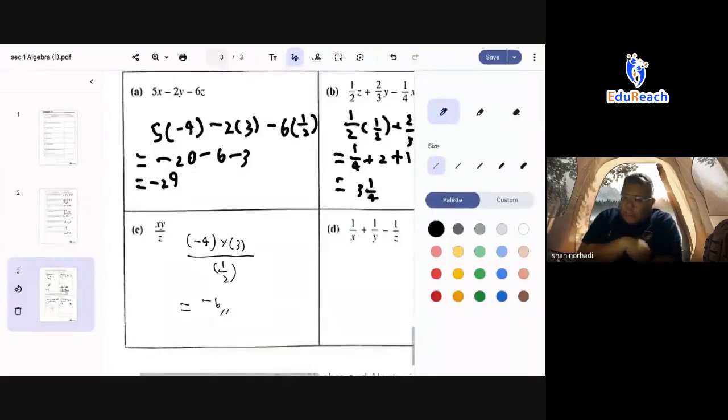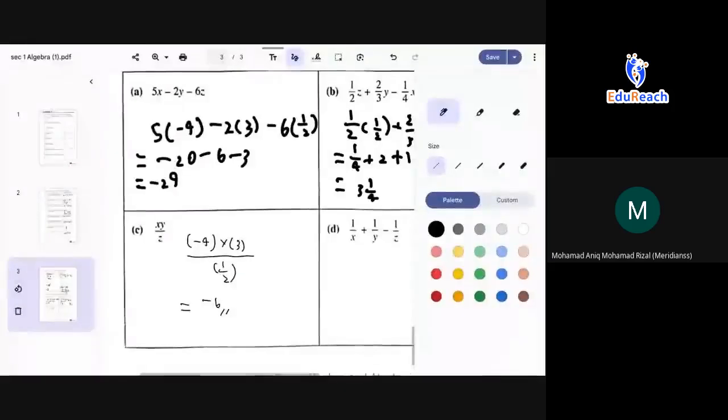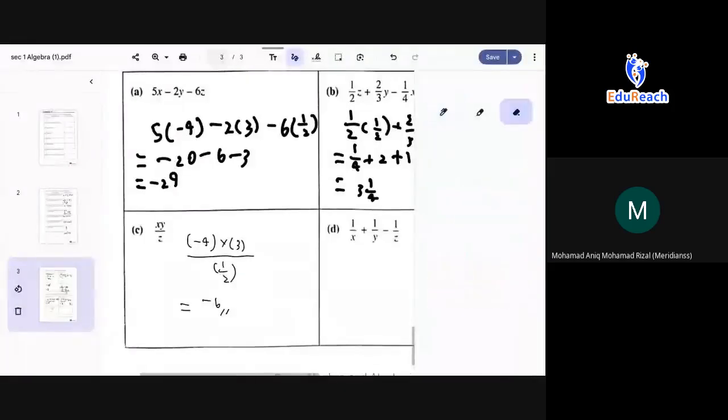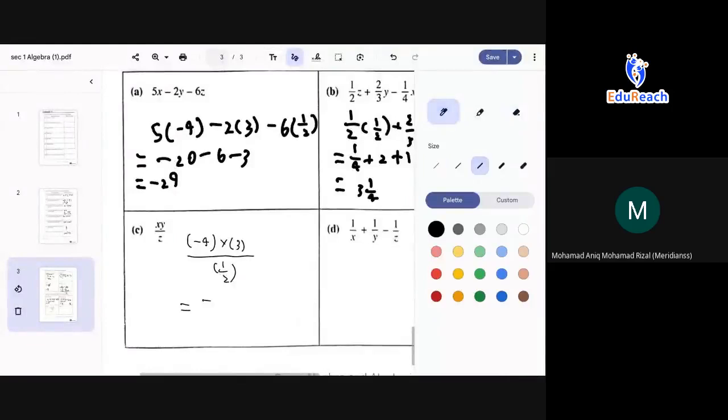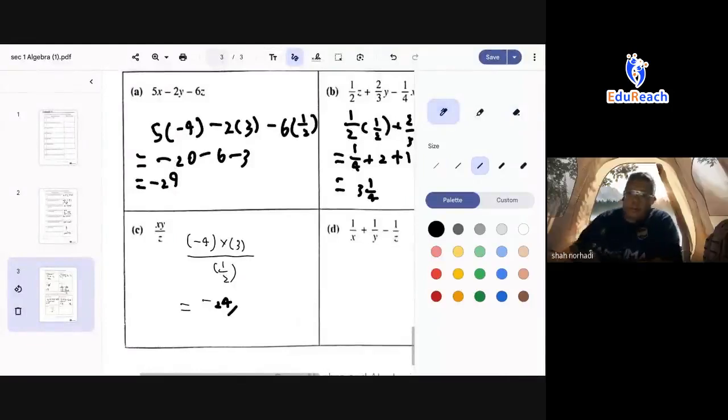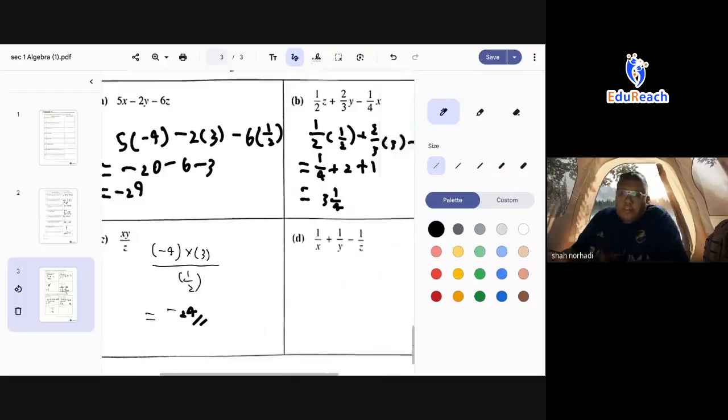Negative 12 divided by half is not negative 6. It's not divided by 2. You divide by half, so you're going to end up times 2. So the answer is negative 24. Yes.